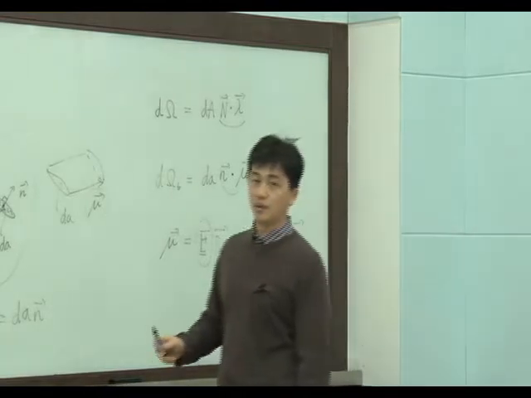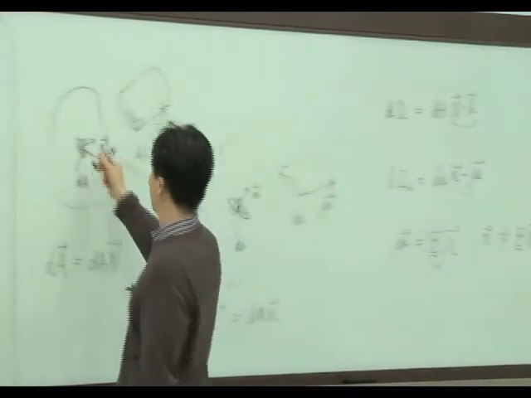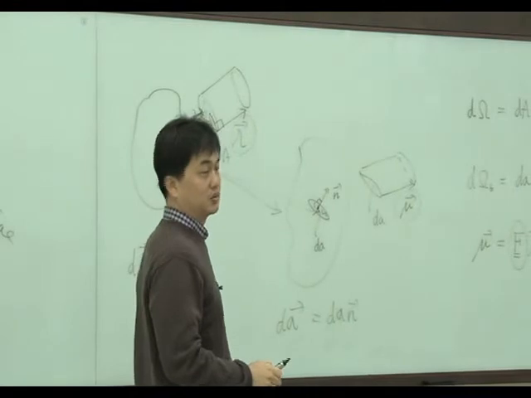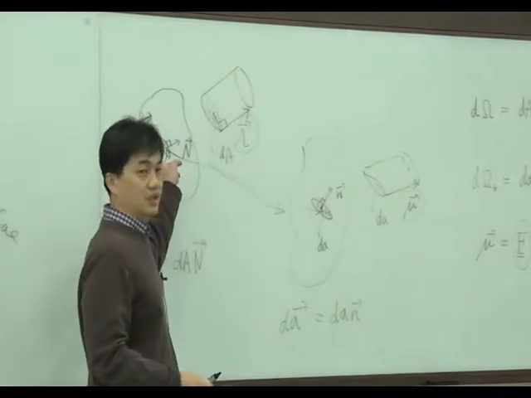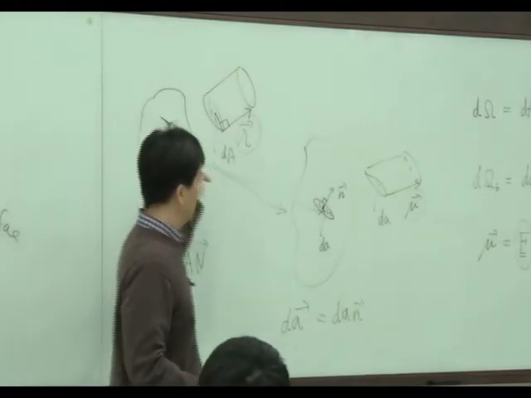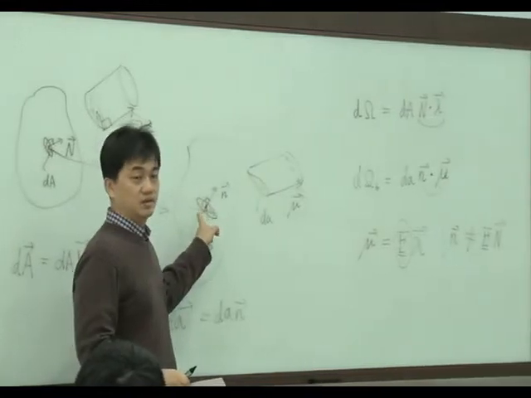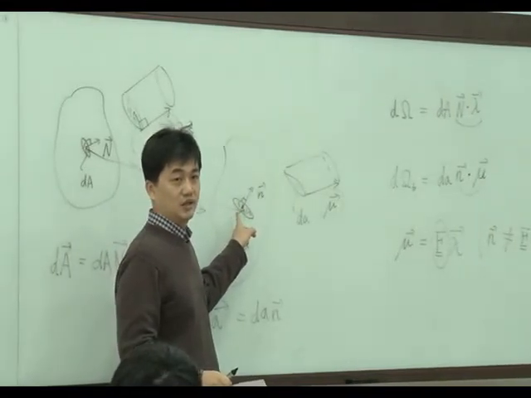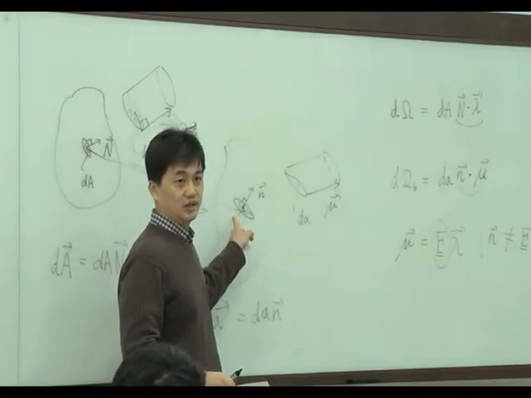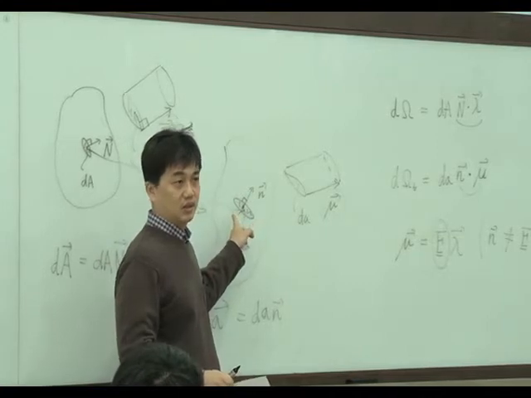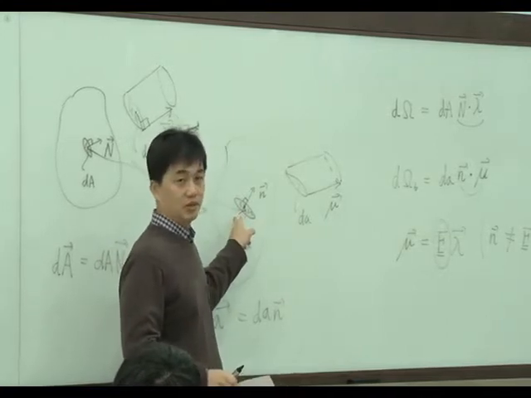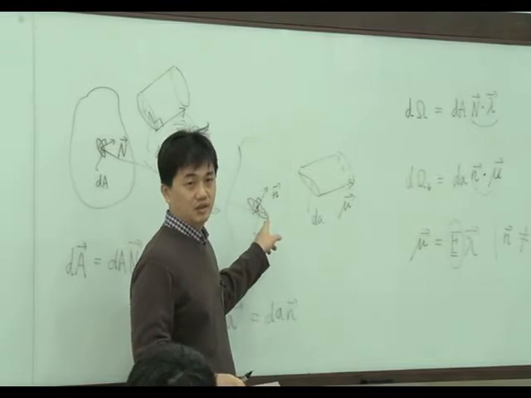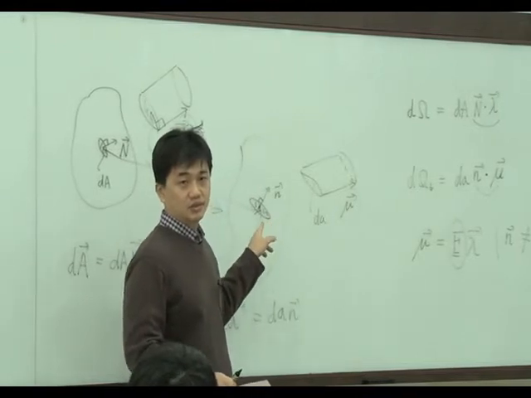So the original normal n was the normal vector of the surface at the initial configuration. It does not remain normal at the current configuration. It cannot be a normal, in general, at the current configuration.